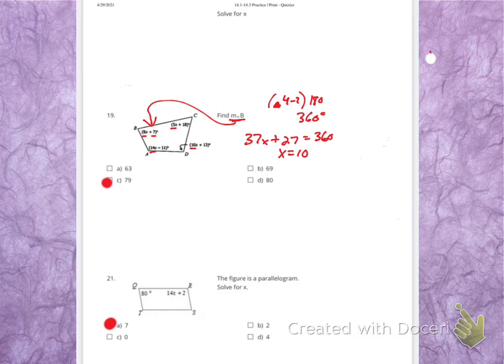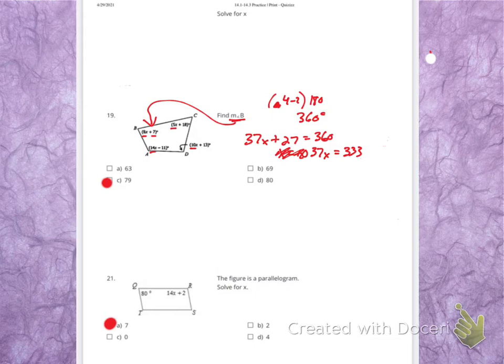So that's right, so I would do 360 minus 27. It's 333. So 37x is equal to 333, and then 333 divided by 37 is equal to 9.